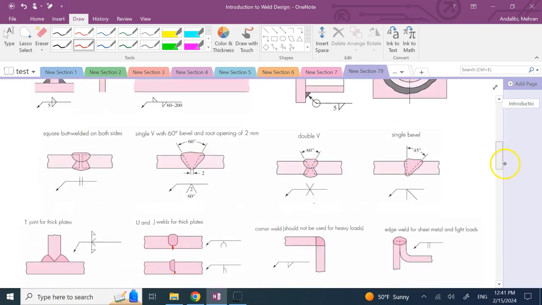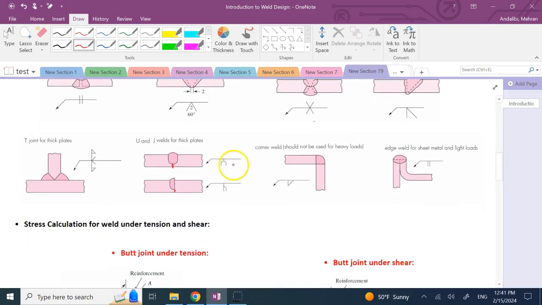And there are other shapes too, like for instance, if the plates are thick, you might want to do a butt welding. Then you might want to use a U or a J groove to allow more molten welding material to fill in and attach the parts.